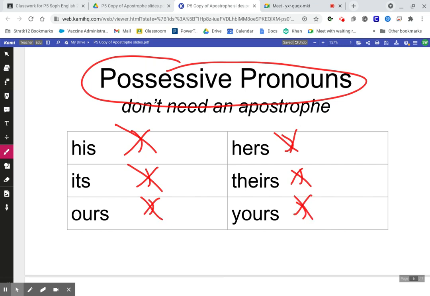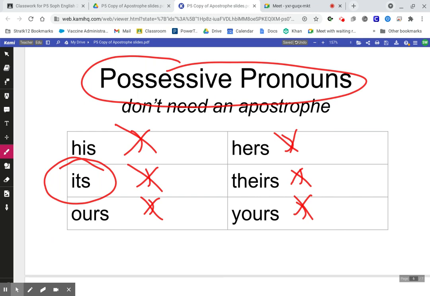I want you to notice something that's going to throw you. Its is already a possessive pronoun. You know, his is a possessive pronoun. But if I'm pointing to a dog, and I'd say its bone, right? It is a thing, and it's already possessive. Does it get an apostrophe?